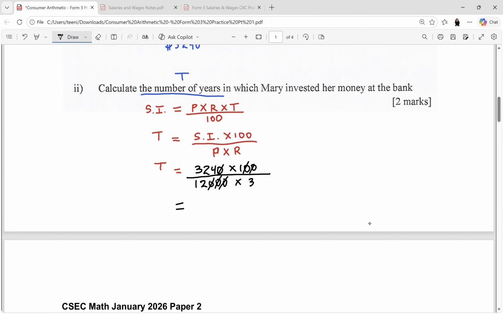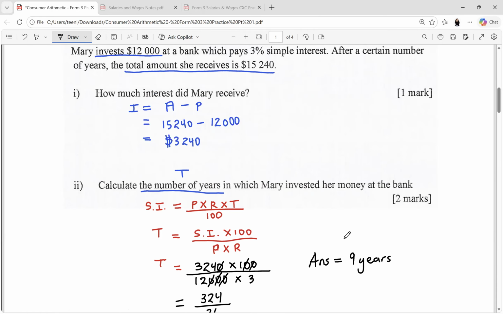And that would be 324 over 36. I got 9. Me too. Good. So the answer is 9 years.